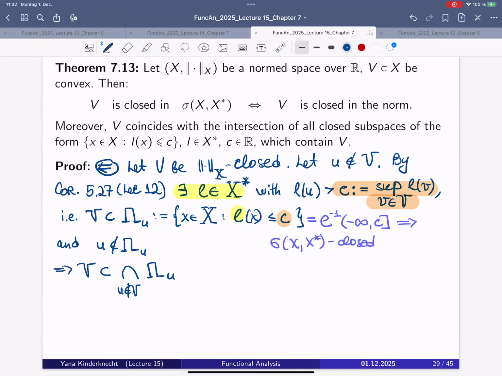Of course I may add this U everywhere, just to specify that all this L and C depend on U. And so for an arbitrary fixed point U which is not from V, we have obtained this statement. So I can repeat this construction for any other point, and hence V belongs to the intersection of such sets over all points which do not belong to V. Agree?